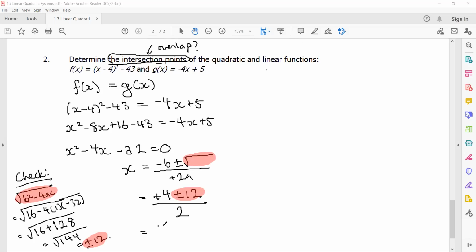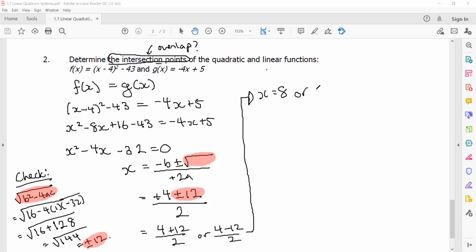So x is going to equal 4 plus 12 over 2 or 4 minus 12 over 2. x is 8 or negative 4. So there are two intersection points. What are those intersection points?